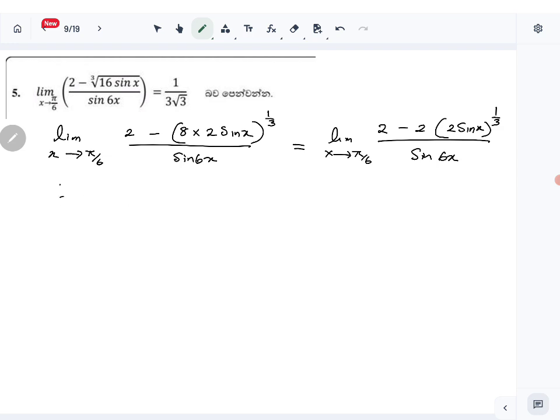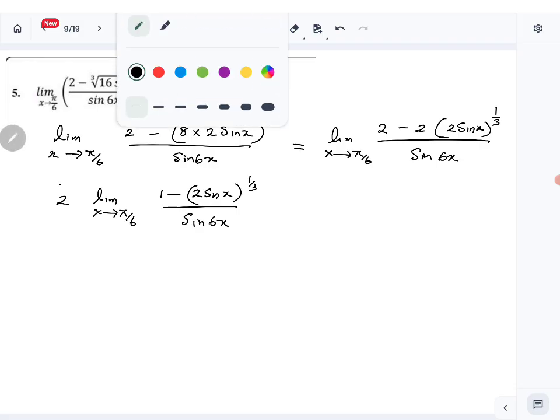So let's take that 2 out. Limit x goes to pi over 6, 1 minus 2 sine x to the 1/3 over sine 6x. Right. This looks like the special limit that you learn.